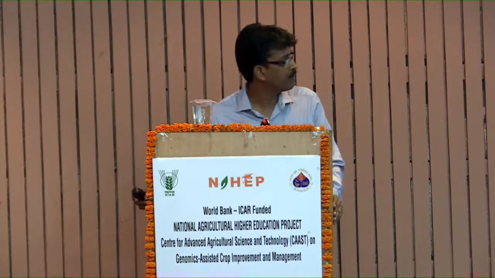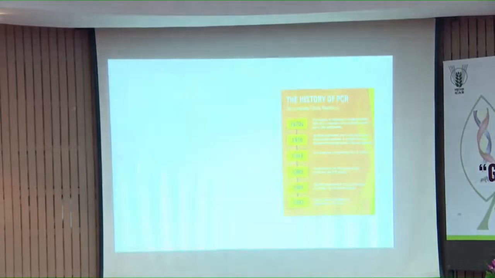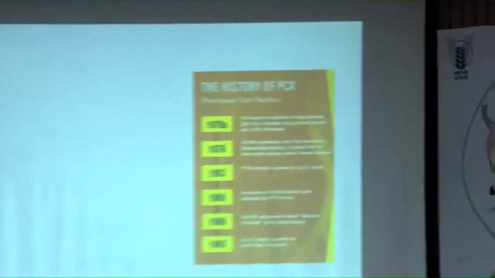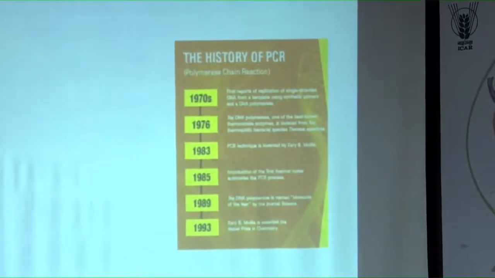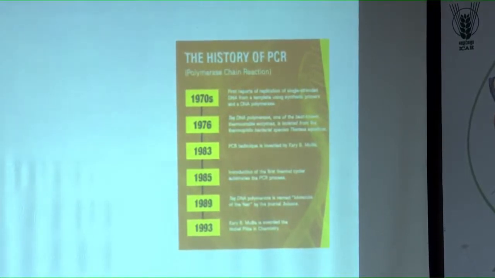So let's move ahead. History of PCR. This technology came to biology, to be precise, in 1983. But before 1983, in the early 1970s, the idea of in vitro multiplication of DNA had come to science.